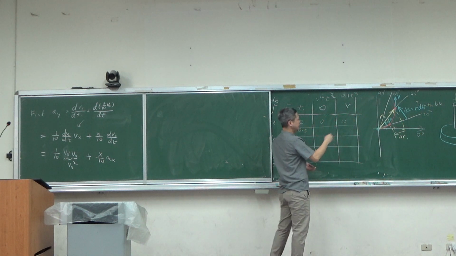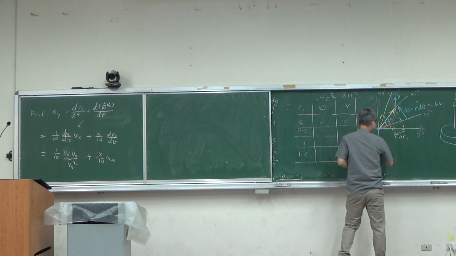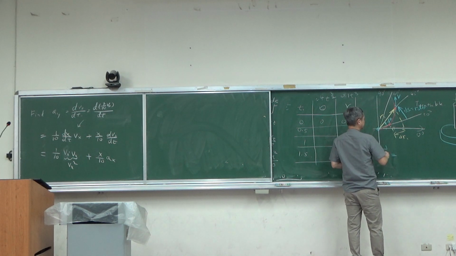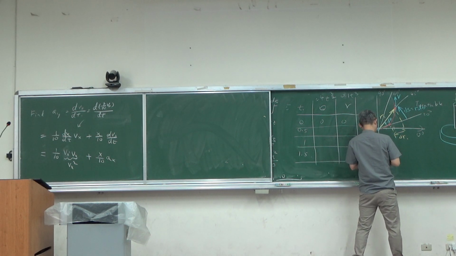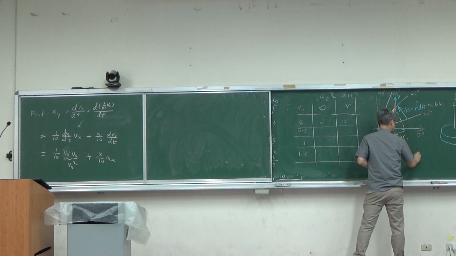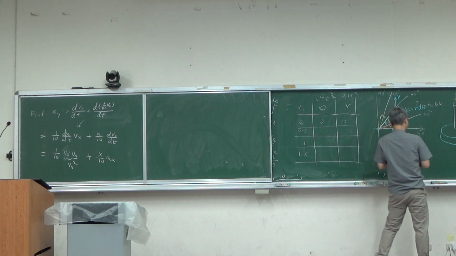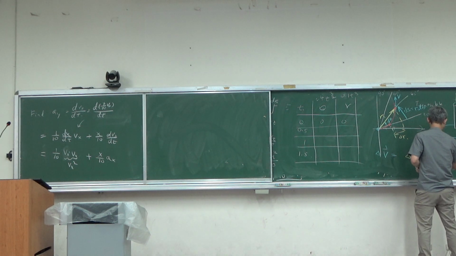So if you are drawing this, then your velocity change consists of two parts. The first part is the radial change along the unit vector of the radius. And then the second part is your ds.